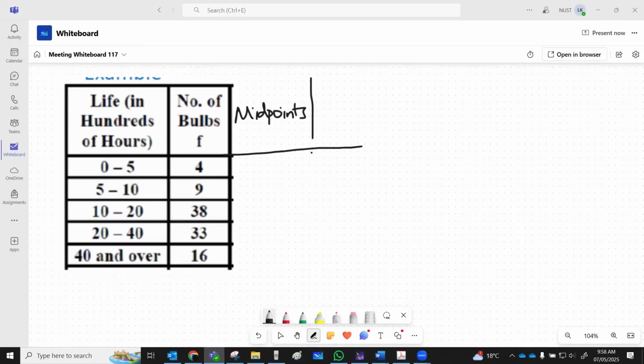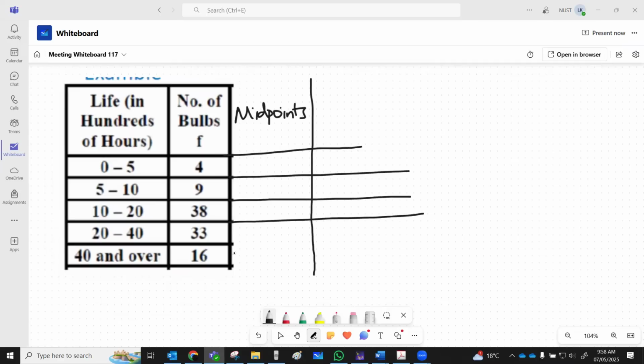Okay, so working out the midpoints is fairly easy. We just take the upper limit plus the lower limit, and then you divide by 2. So you'll say 5 plus 0 is 5 divided by 2.